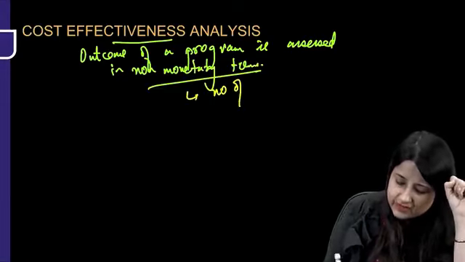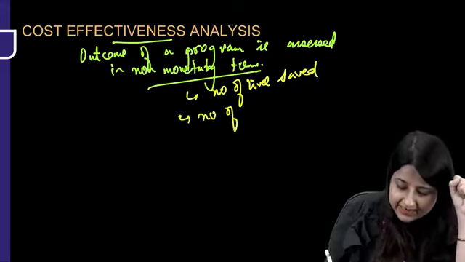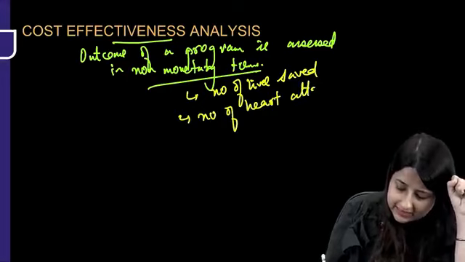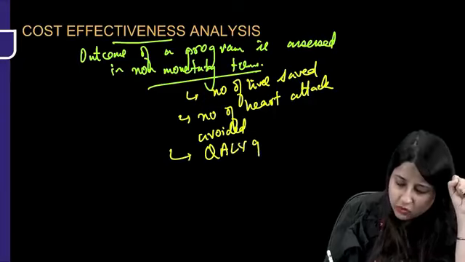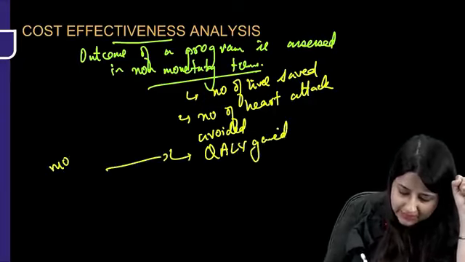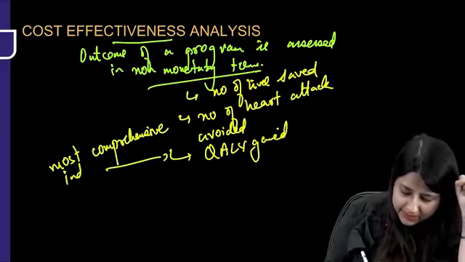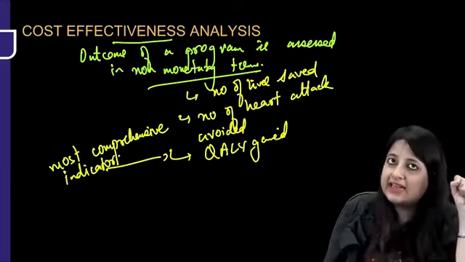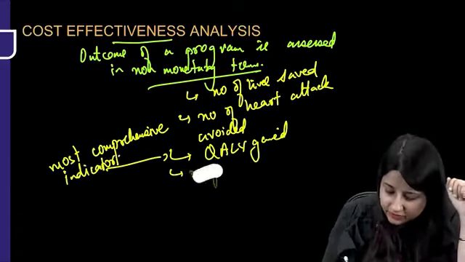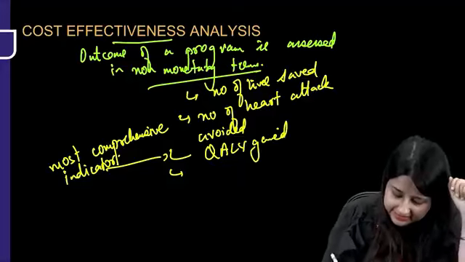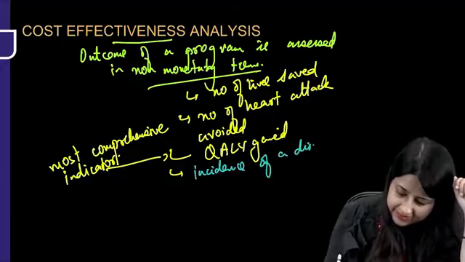The number of lives the program was able to save, number of heart attacks avoided, or quality gained, quality adjusted life years. Remember this is an MCQ, this is the most comprehensive indicator of cost effective analysis. Then number of cases of a disease decreased, so incidence of a disease, new cases, decreased. All this is what?